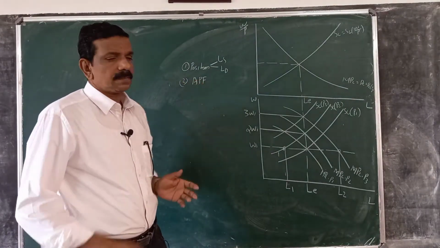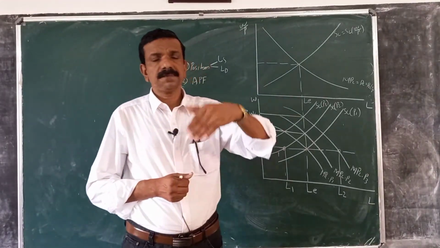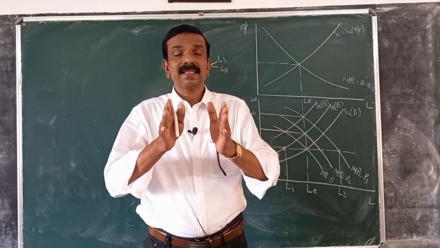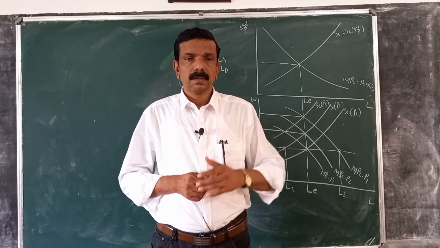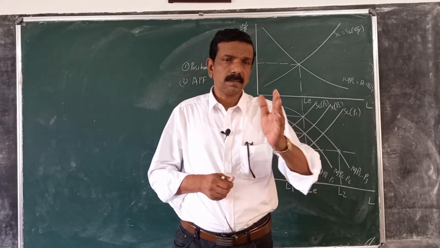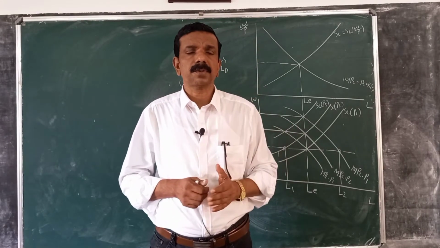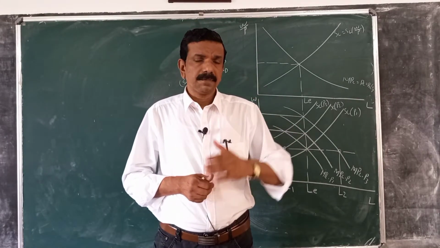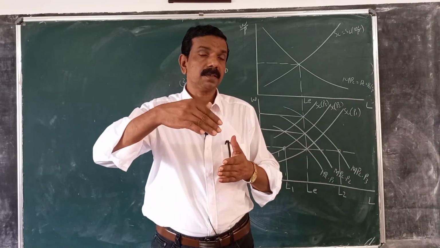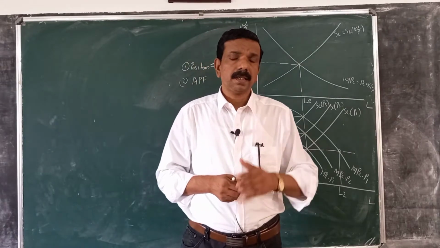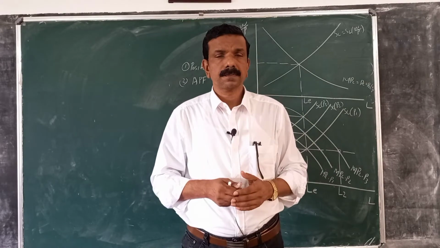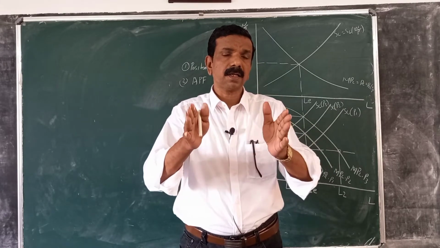Now, the aggregate production function shifts over time by technical change that alters the amount of output forthcoming for a given level of inputs. If there is an improvement in technology, the aggregate production function will shift upwards and the same level of inputs will produce more output. So technology is a shift factor in the production function.